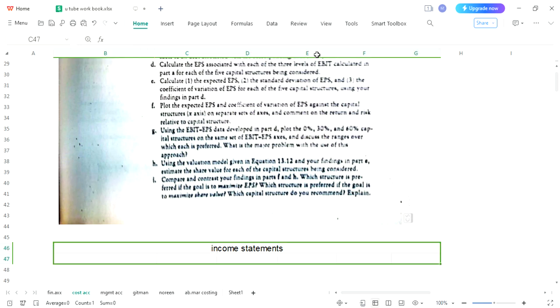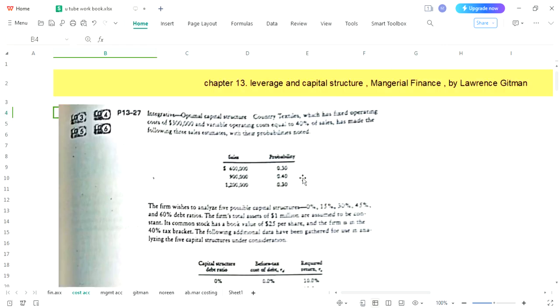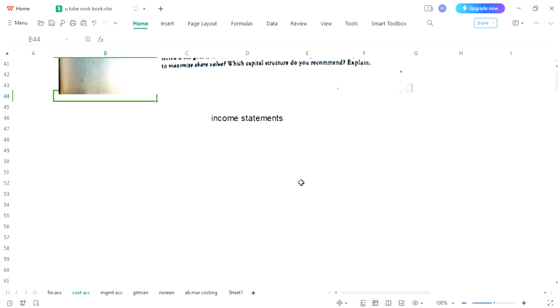Let's see it again. These probabilities are 30, 40, and 30. So the first statement is for 0.3, the second statement is for 0.40, and the last is also for 0.30.